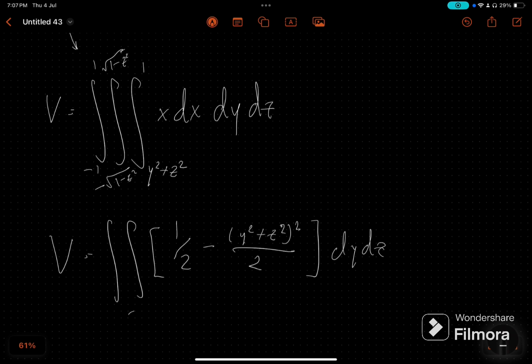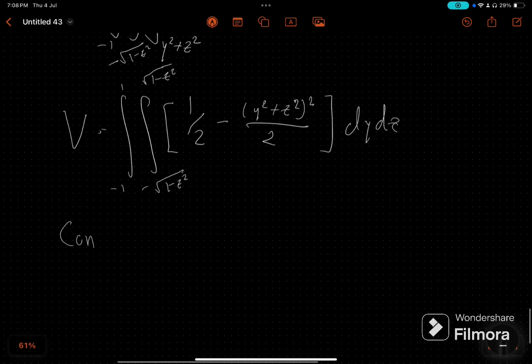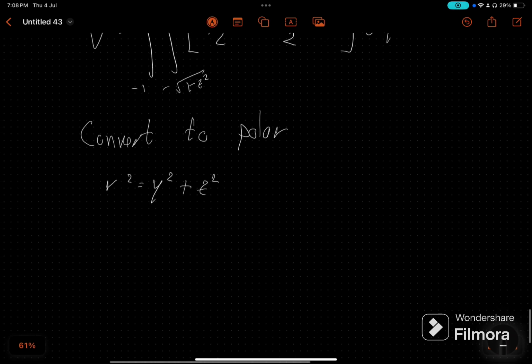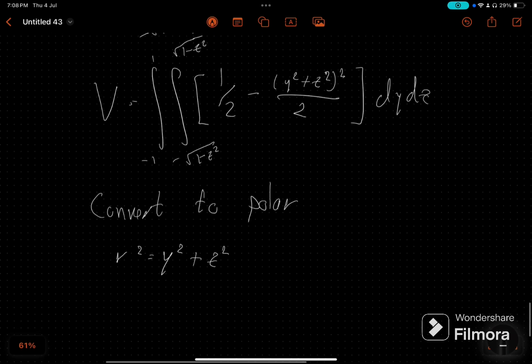Now if we want to evaluate this, it's gonna be very messy for us, and we don't want something that's very messy, so we're gonna do something else to fix this. We're gonna convert to polar, so r squared equals y squared plus z squared. We're gonna also convert the limits here.